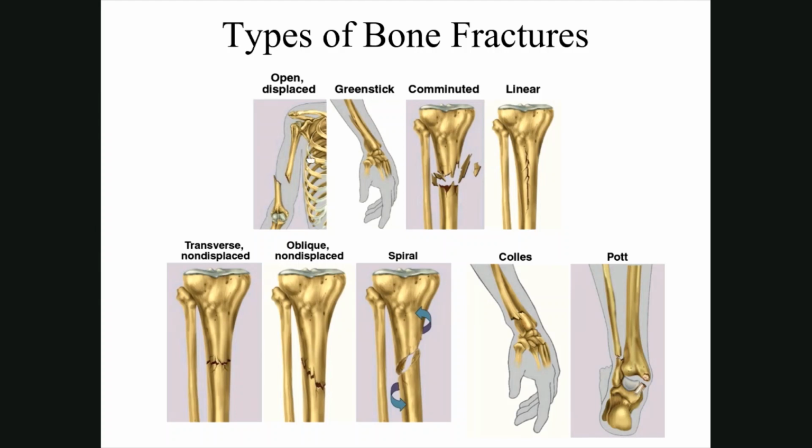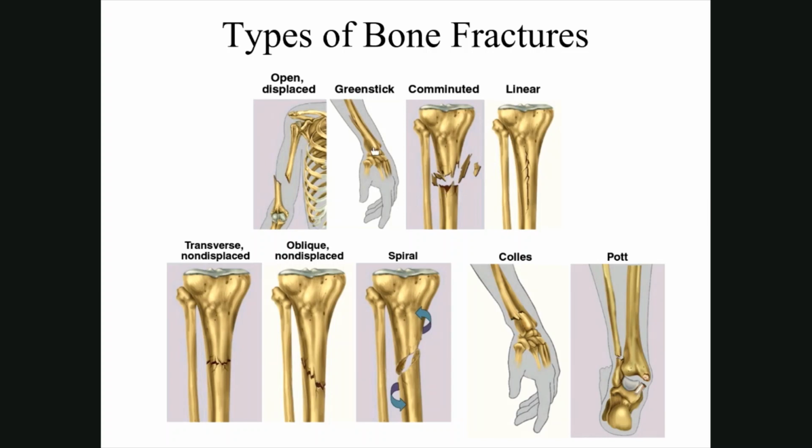The term is that when a bone is broken and it displaces, meaning that it's not in its normal position, but it punctures the skin, that's known as displaced. Comminuted kind of fracture means that there are multiple fragments that you can see here.